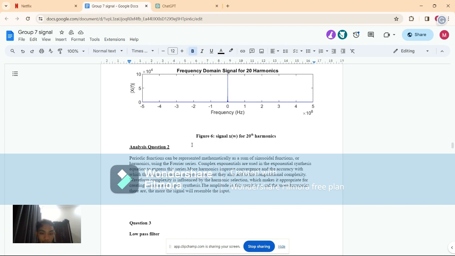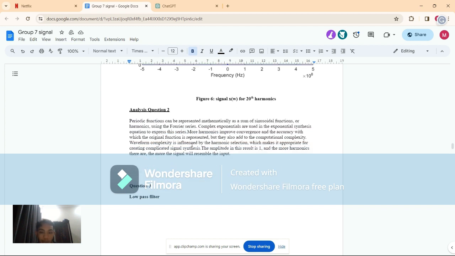The function can be represented mathematically as a sum of sinusoidal functions or harmonics using the Fourier series. Complex exponentials are used in the exponential synthesis equation to express this series. More harmonics improve convergence and the accuracy with which the original function is represented, but they also add to the computational complexity.